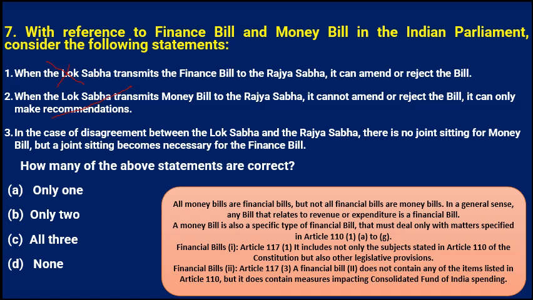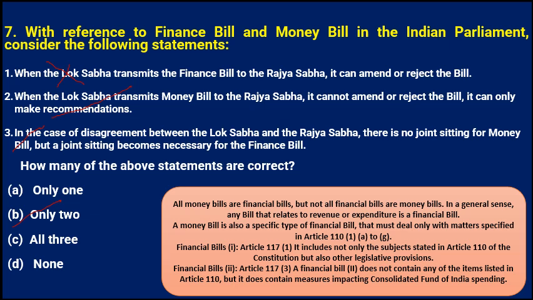Third one, in the case of disagreement between the Lok Sabha and the Rajya Sabha, there is no joint sitting for a money bill, but a joint sitting becomes necessary for the financial bill. Yes, the third statement is also correct. Statements 2 and 3 are correct, so the answer is B. Only 2 statements are correct.